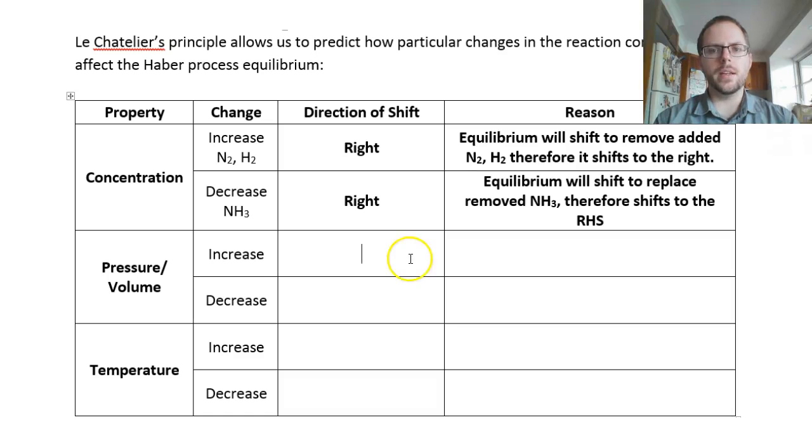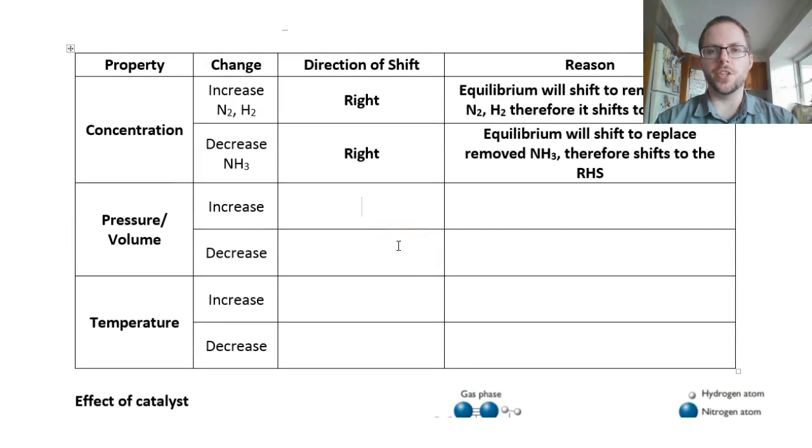Now let's look at what happens when we're changing the pressure or the volume. I'll frame this in terms of the pressure, just to help keep things clear. So we're thinking, increase pressure, decrease pressure. If we increase the pressure, we're going to end up shifting to the right-hand side. If you remember the equation, we have 1 nitrogen and 3 hydrogen gas molecules becoming 2 ammonia molecules.